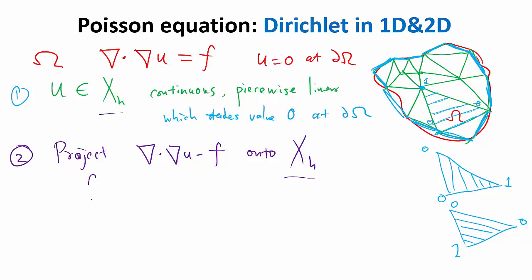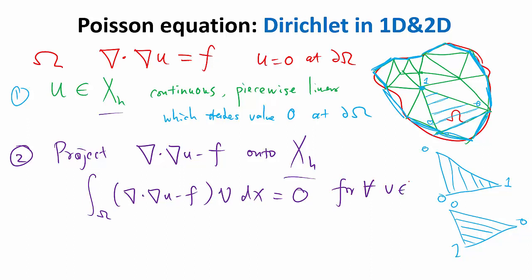The projection means the integration over this whole domain of the residual times any v has to be equal to 0, right? For any v within the same XH. Okay, I want to remind you what the projection means in the 3D to 2D projection.